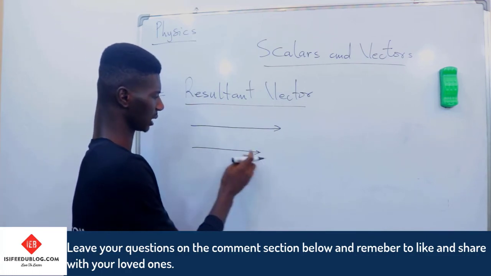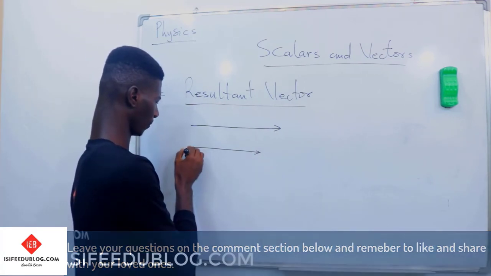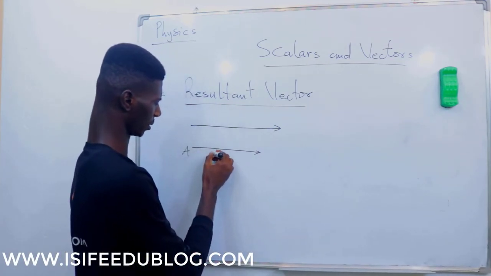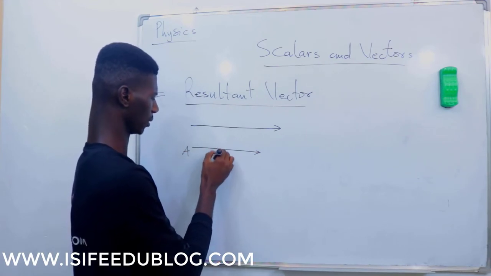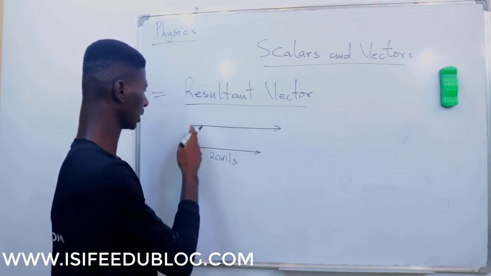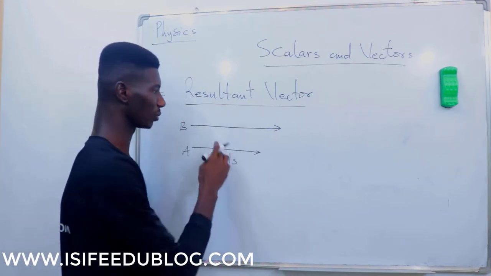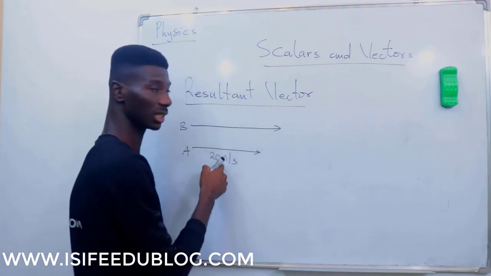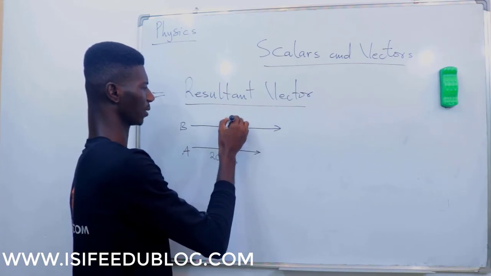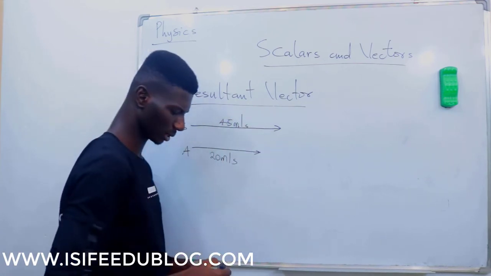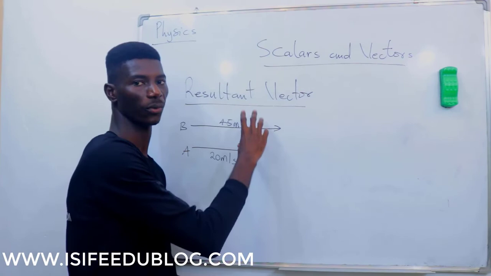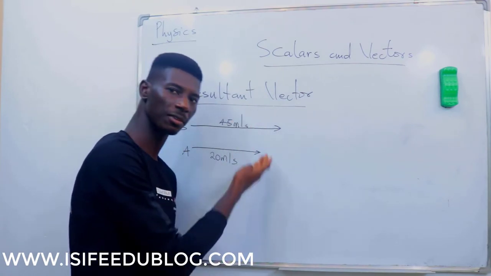Let's say this object A is moving with a velocity of 20 meters per second in this direction, and object B is moving in the same direction but with a different velocity, let's say 45 meters per second. Now you are asked, what is the resultant velocity?